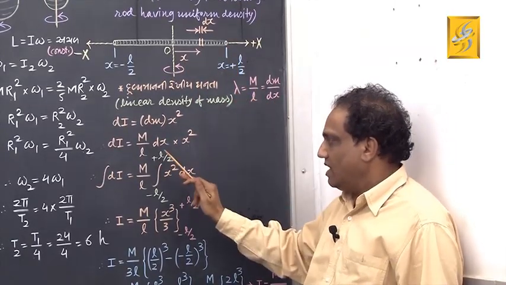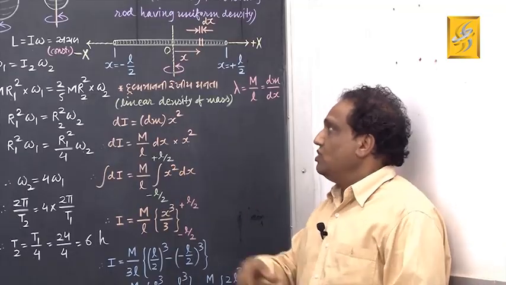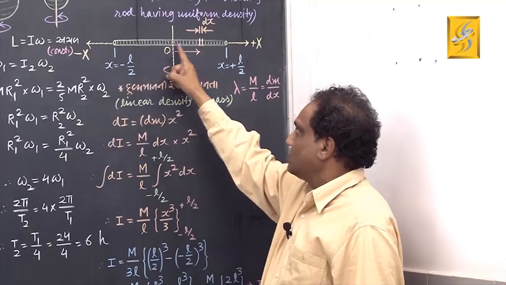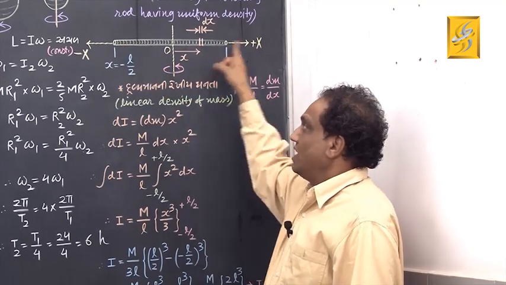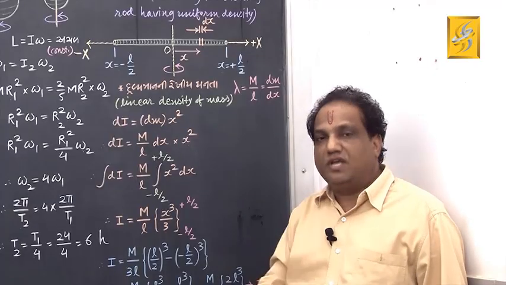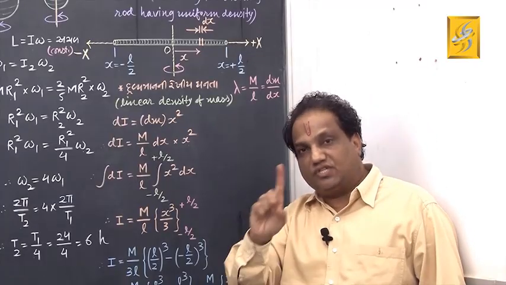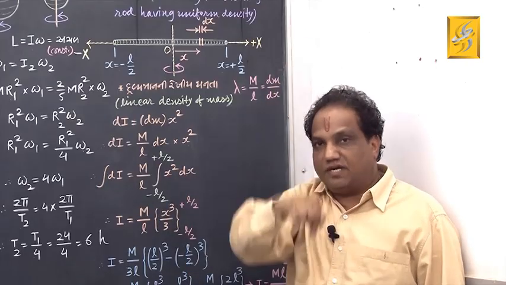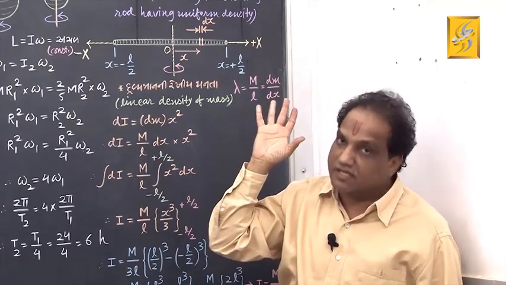When you shift this mass element from left end to right end continuously, you incorporate all the mass elements, and the moment of inertia you find is for the whole rod about an axis passing through its center perpendicular to its length. Correct? Fine.